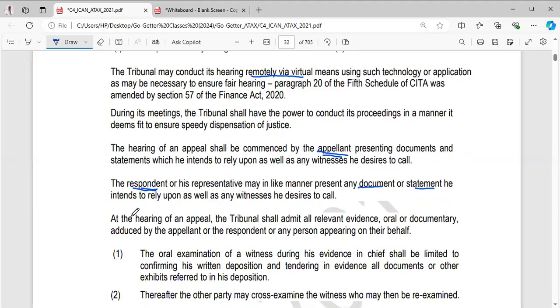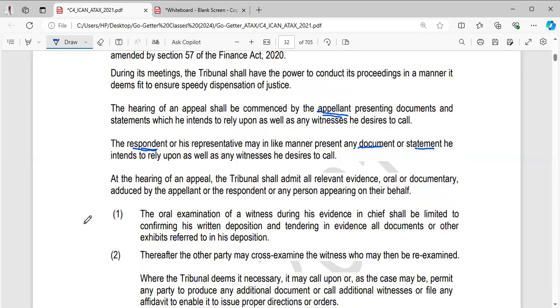All right. Then the oral examination of a witness during his evidence in chief shall be limited to confirming his written deposition and tendering in evidence all documents or other exhibits referred to in his deposition. So, of course, there will be an oral examination of witnesses.